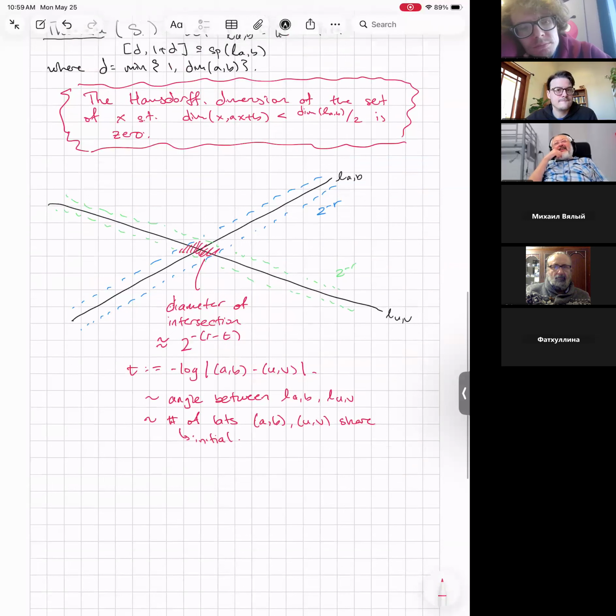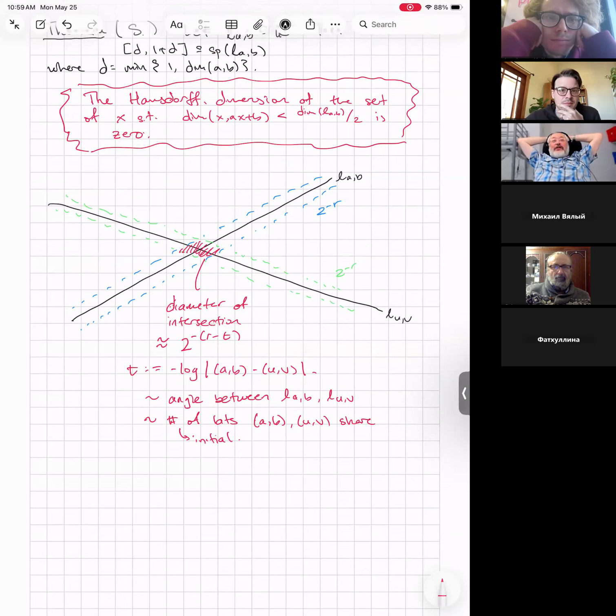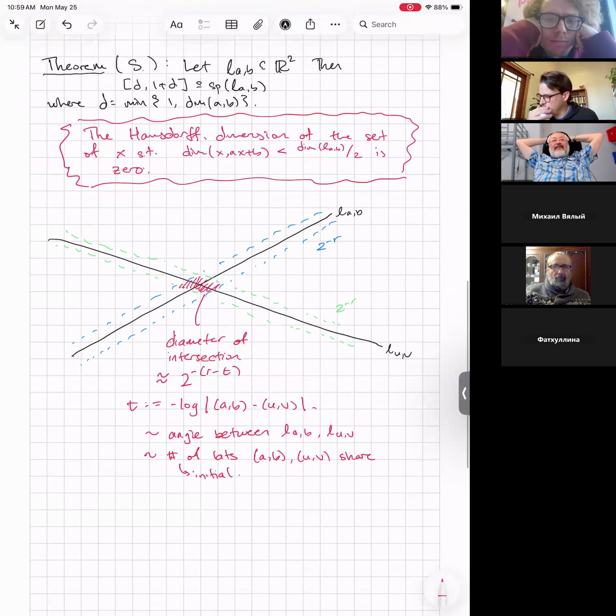I think there is some technical problem because, for example, if A is very close to U and B is different from V, then they don't intersect in our region. They intersect far away, and we do not say anything about this. So let's assume we're dealing with points in some bounded region.